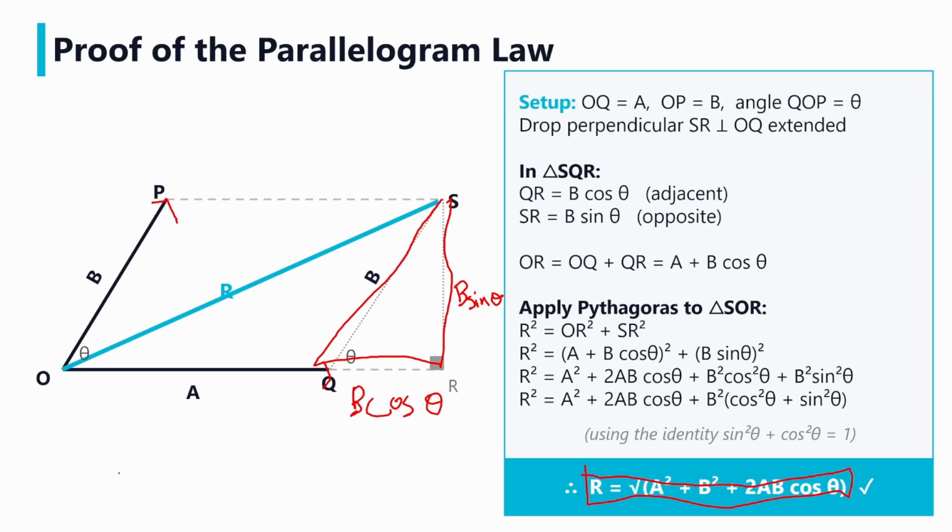So now we have a right angle triangle, which is difficult to visualize, but OR is the hypotenuse, A plus B cosine theta is the adjacent side to theta, and also B sine theta is the height of the triangle.